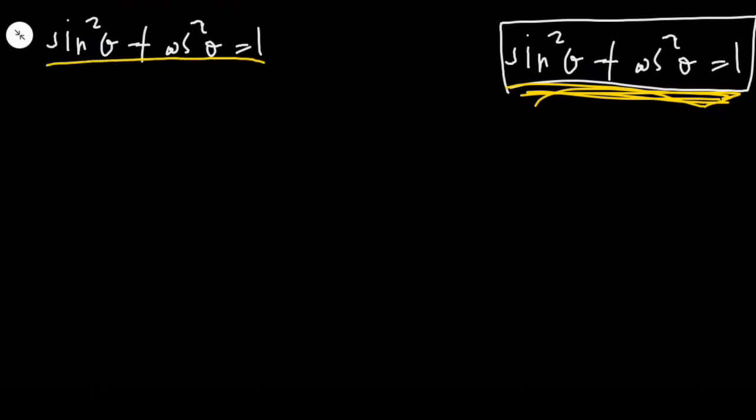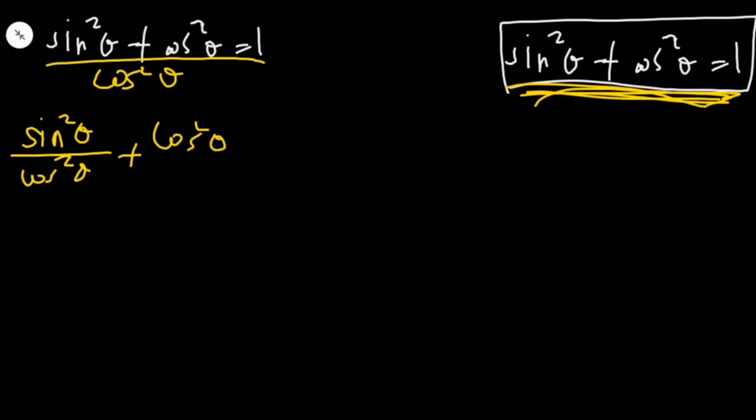First, we're going to divide by cosine squared theta: sine squared theta over cosine squared theta plus cosine squared theta over cosine squared theta equals 1 over cosine squared theta.